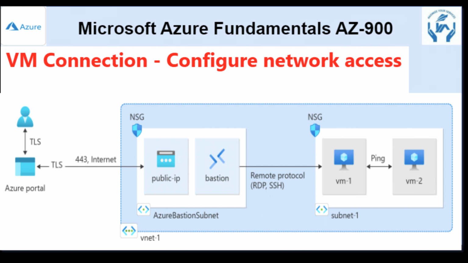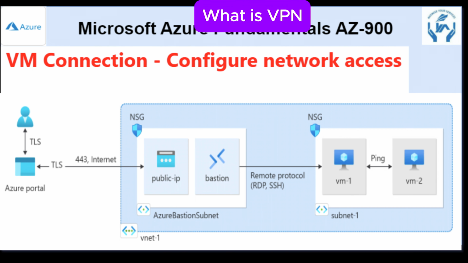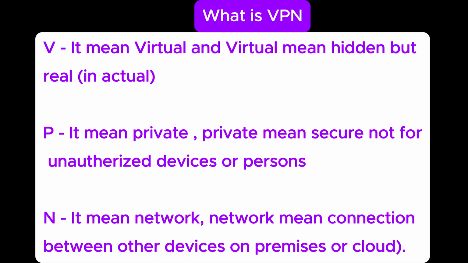Okay, so let's see the first definition of what is VPN. In VPN, V means virtual. Virtual means hidden, but in actual. And P means private. Private means secure, not for unauthorized devices or persons.